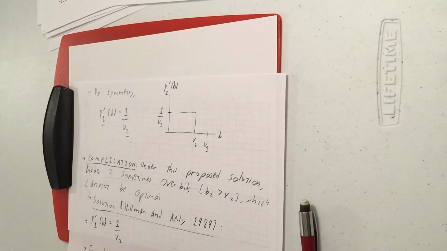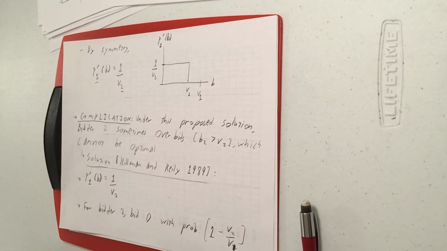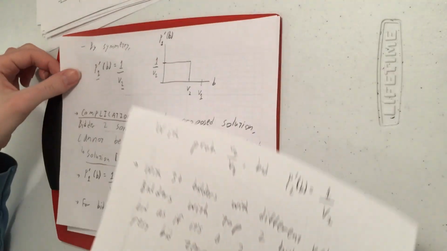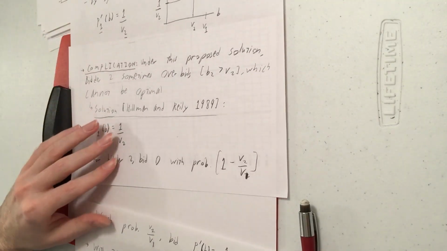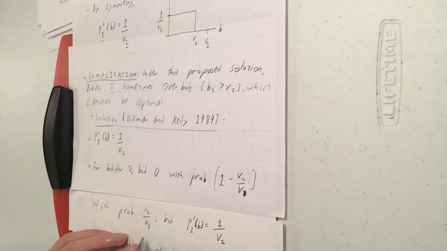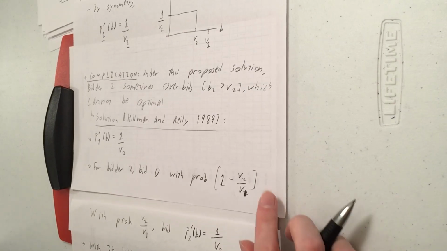And they bid 0 with probability 1 minus V2 over V1. So with the other probability, with probability V2 over V1, you're going to bid according to the rule we had earlier, which was that P2 prime of B was 1 over V2.